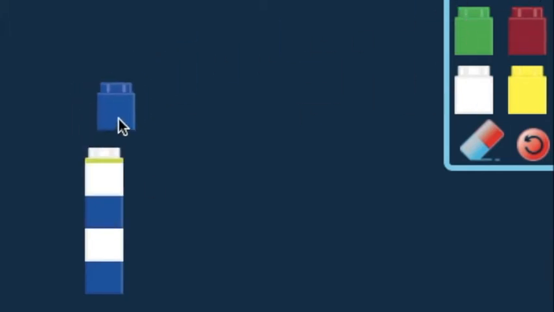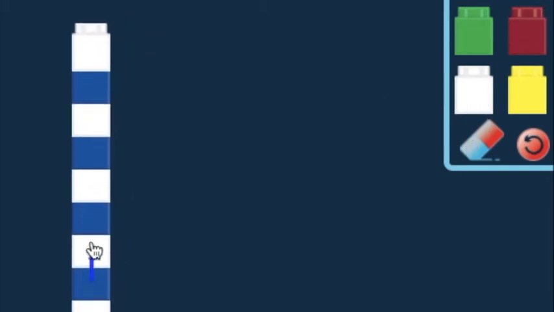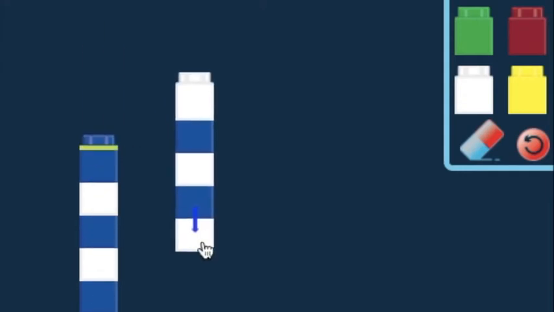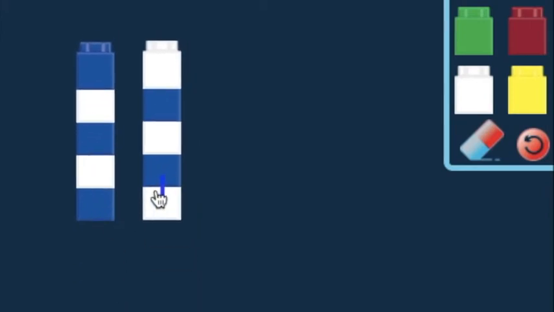Let's use our sticks. 1, 2, 3, 4, 5, 6, 7, 8, 9, 10. I'm going to split them in half. So we have 5 on one side and 5 on the other, but we know we have 10.